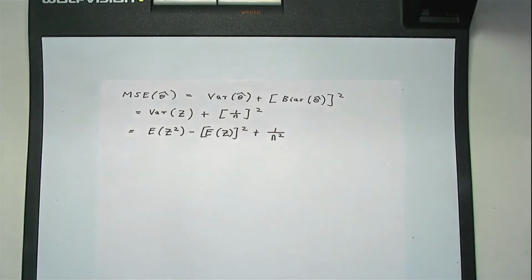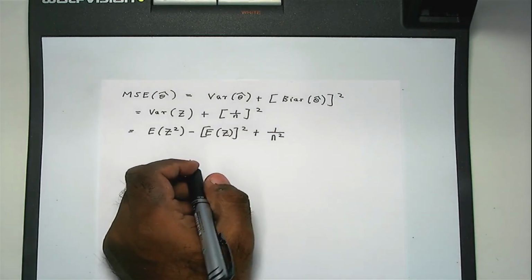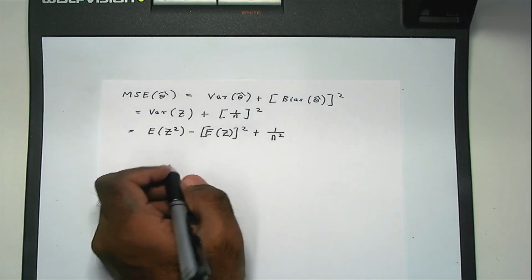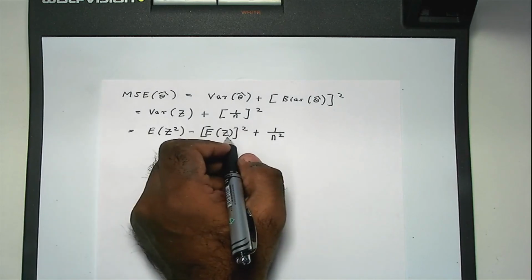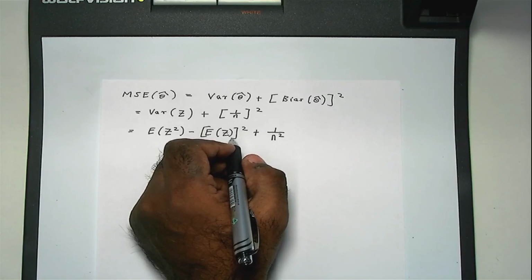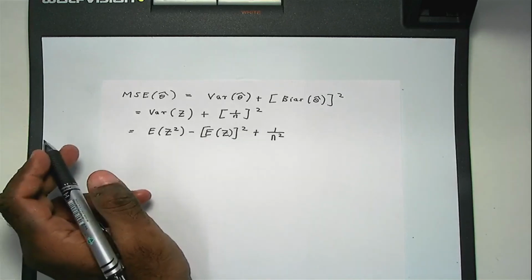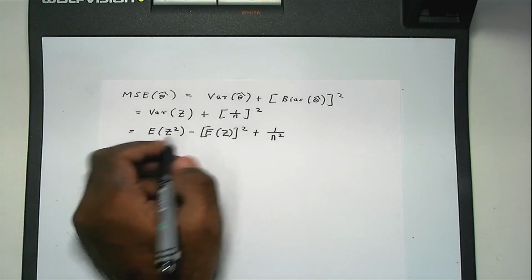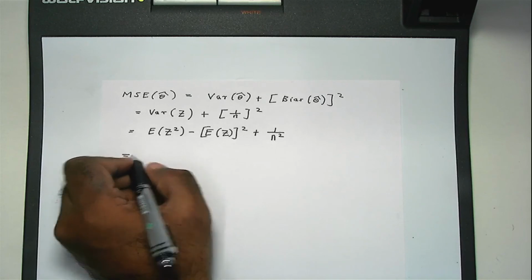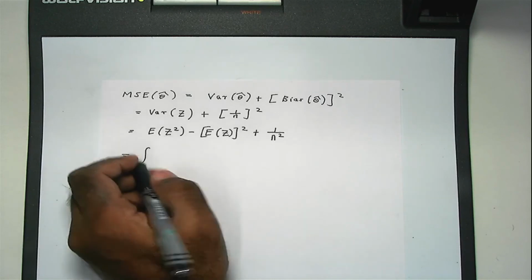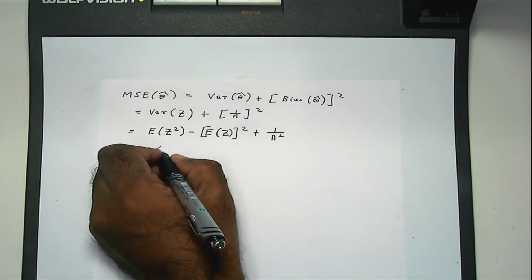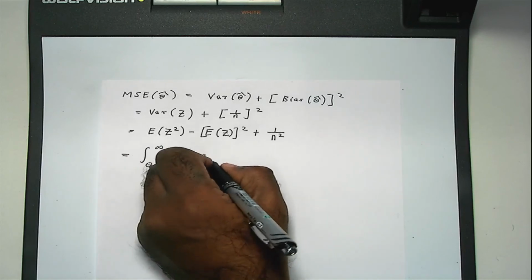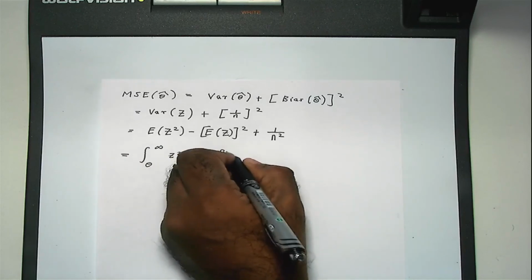Right, now we already know what the expectation of Z is, from what we did earlier. So all we need to find is the expectation of Z squared. To find this, you integrate from theta to infinity of Z squared times the density function, which is this.